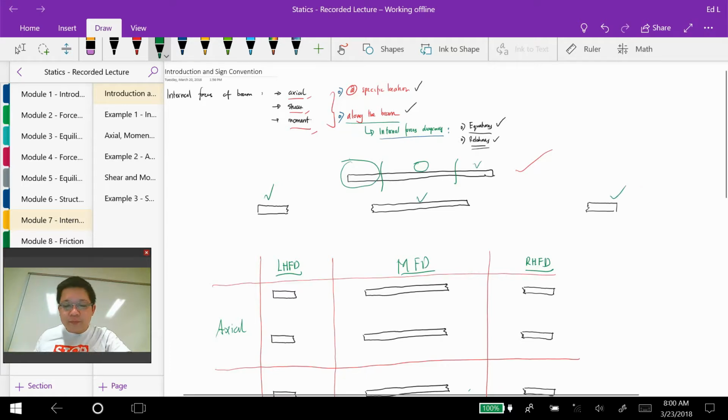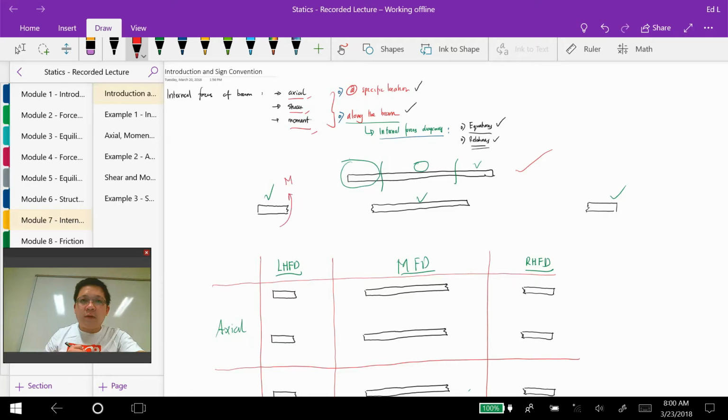Remember, once we make the cut, we see the internal forces. Since this is a beam, there are three internal forces. We have moment, then axial force, and then shear.